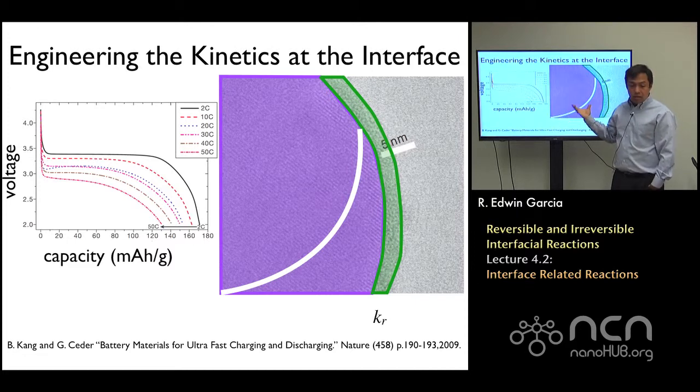This becomes very important because if I manage to reach the solubility limit of my particle right at the interface, even though the core of the particle can have a lot of lithium available for transport, the particle will stop accepting lithium ions.